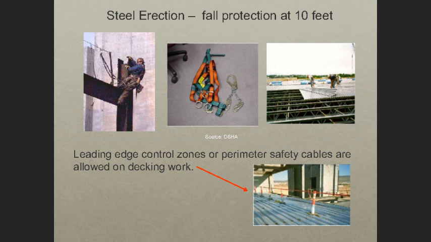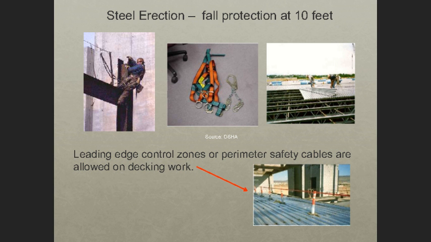In the construction industry, we look at steel erection, and the federal OSHA guidelines are actually interesting here because if you look at steel erection for connecting and decking, the requirement's 30 feet.